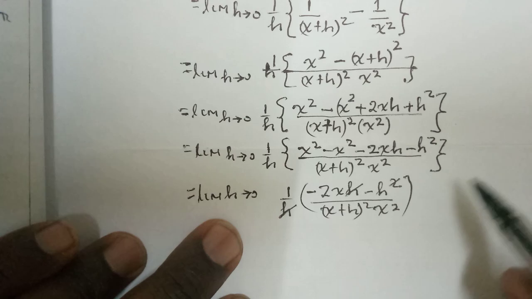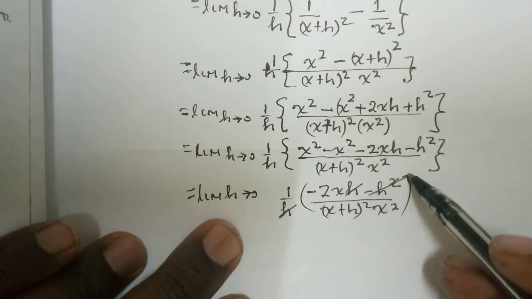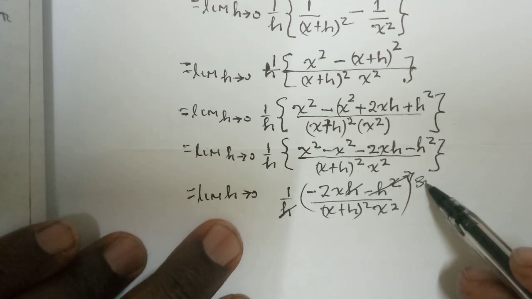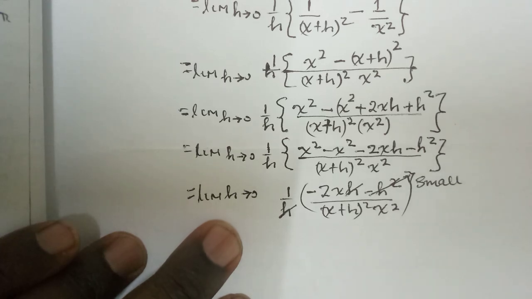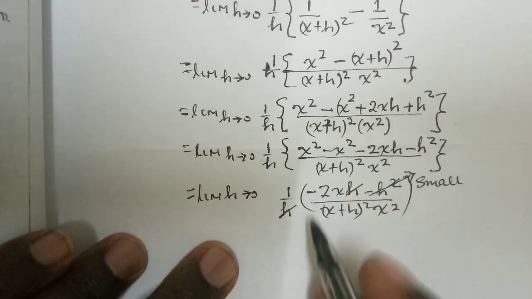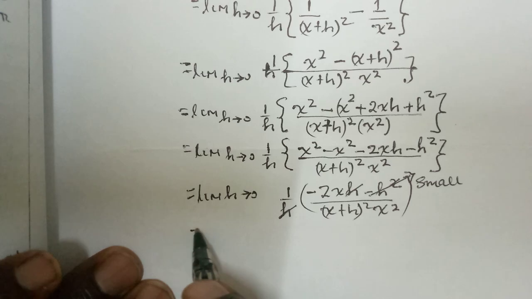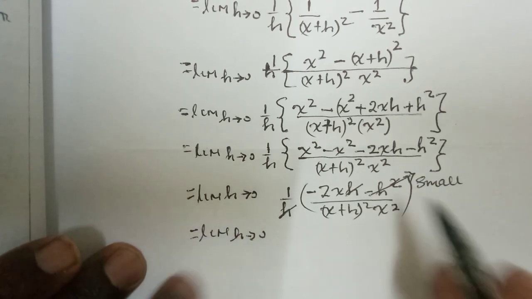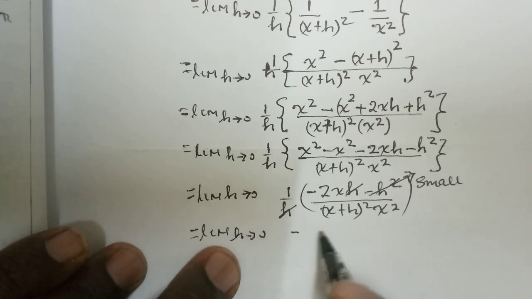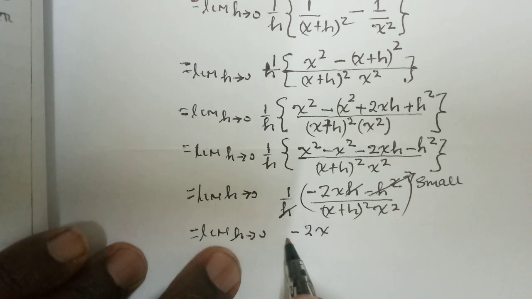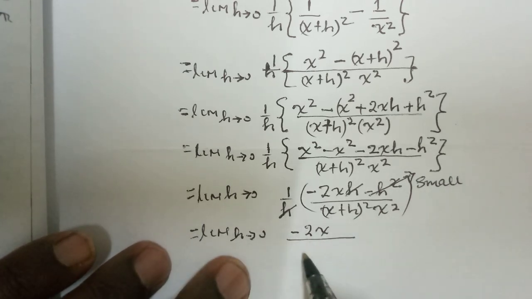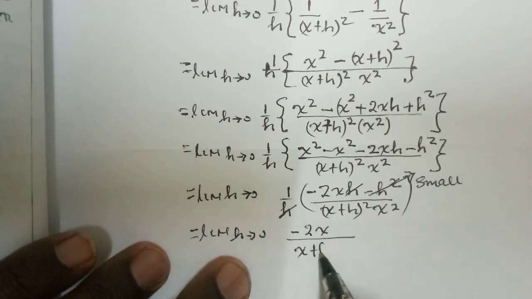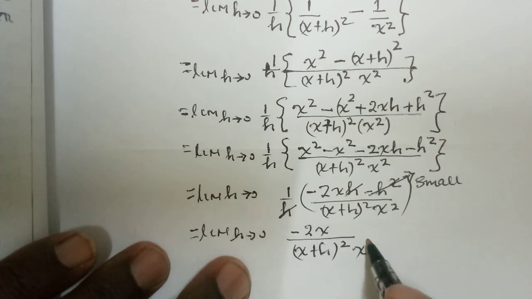This one will now become small, that one will be small, and then we are left with this. Then it will finally be limit h tends to 0 of negative 2x all over (x plus h) squared, and then we have x squared.